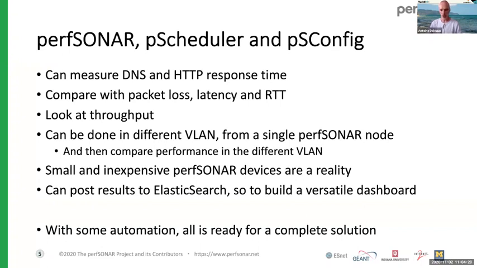So even though you have a large network and you want to measure your network from different vantage points, and you have a lot of different VLANs, you don't need to multiply the number of perfSONAR nodes that you have. And with a good choice of perfSONAR node and the use of VLANs, you can have quite a good coverage of your network.